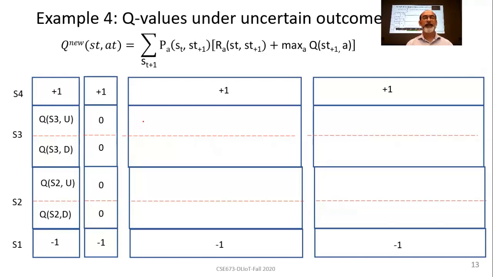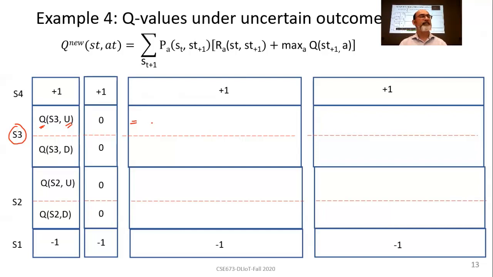And again, I need your help over here. Can somebody tell me what this would be? So we're saying there's a 90% chance of moving in the desired direction and 10% chance of moving in the opposite direction. Here we're trying to calculate the Q value going in the upward direction from state S3, which means that we're trying to go into state S4.